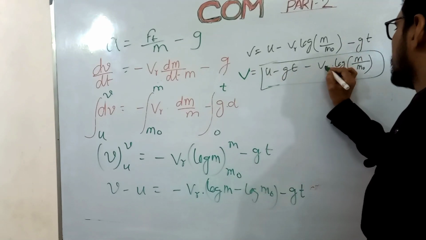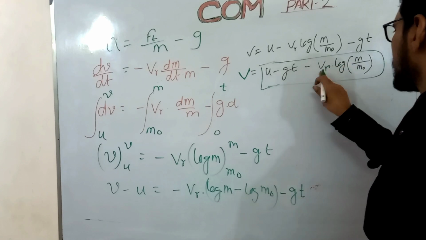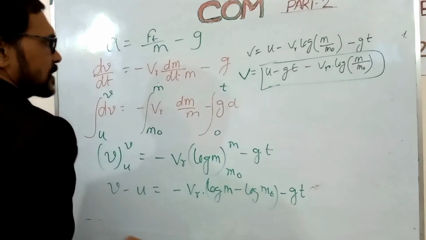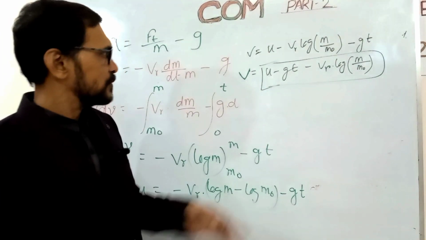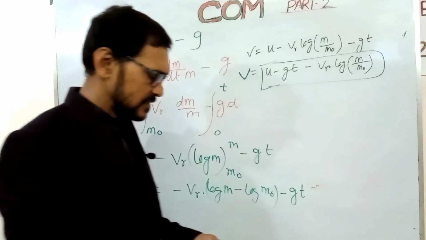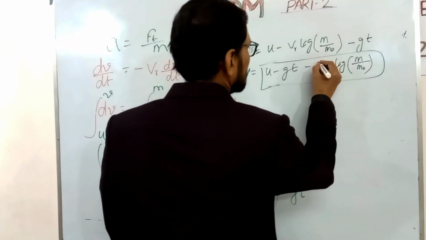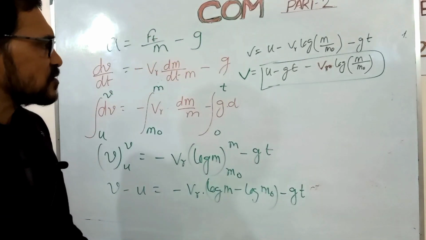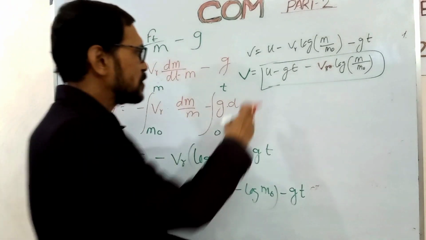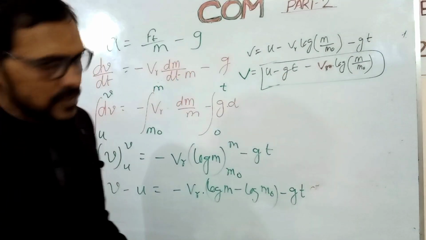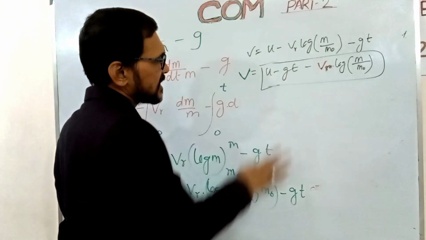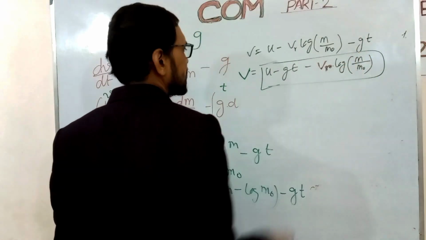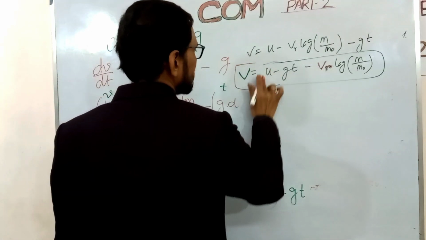Here Vr is the relative velocity of the exhausting gas with respect to the rocket, u is the initial velocity of the rocket, m0 is the initial mass, and m is the mass of the rocket at t seconds. This is the final expression.